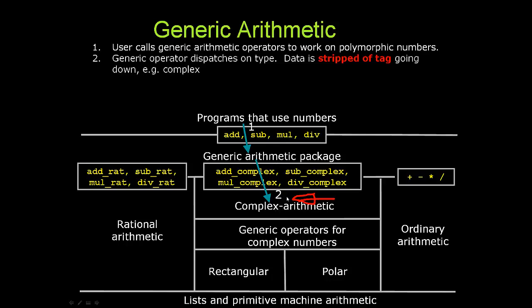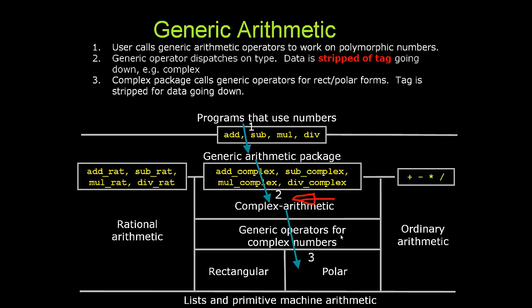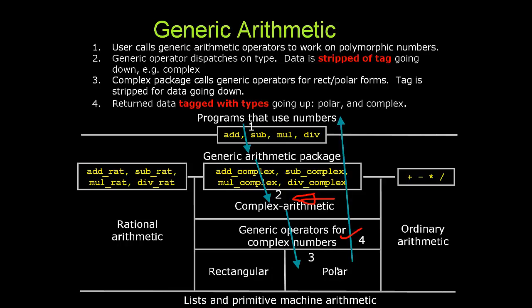You strip off this tag and you send the remainder to the complex arithmetic part. Now, because the data is a complex number, it will contain a tag that tells you whether it's rectangular or polar. So again, your generic operators over here will strip off the tag and then send it to the right operators, either polar or rectangular one. And after that, basically you go up the chain and you put back two tags, polar and complex.